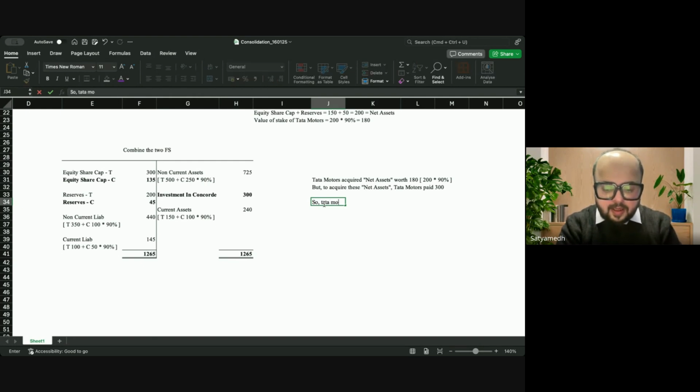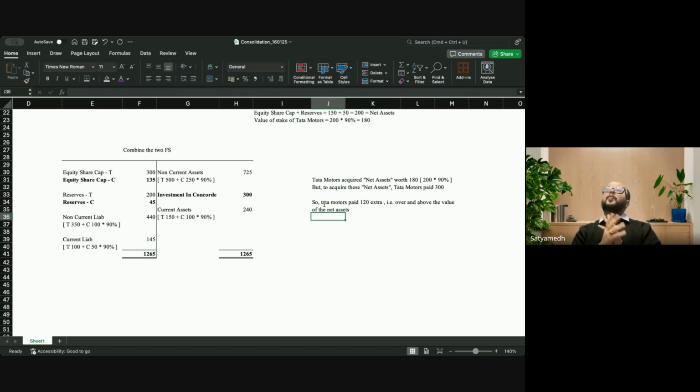So can I say that Tata Motors paid 120 extra, that is over and above the value of the net assets.